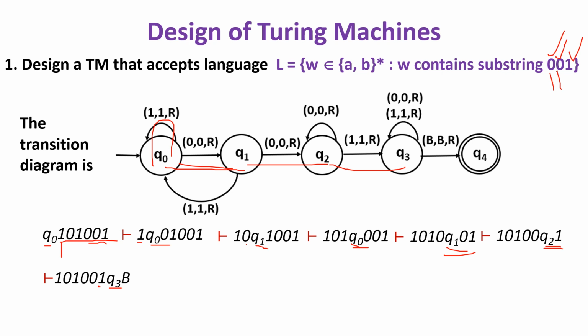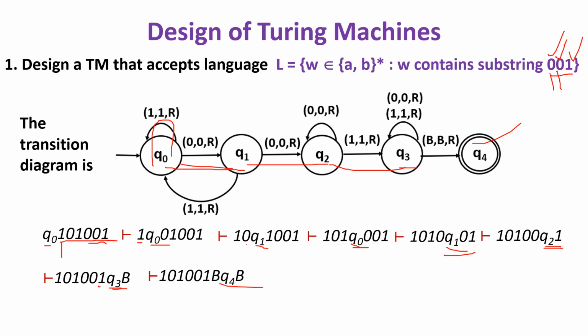Now in the right, at the state Q3, if we come across a blank, then it means we have a substring 001 in the given string. Hence, it will change the state from Q3 to Q4, where Q4 is the final state, move towards the left or right.